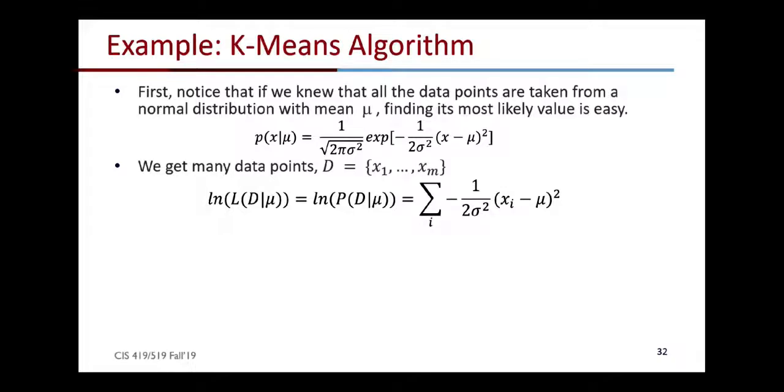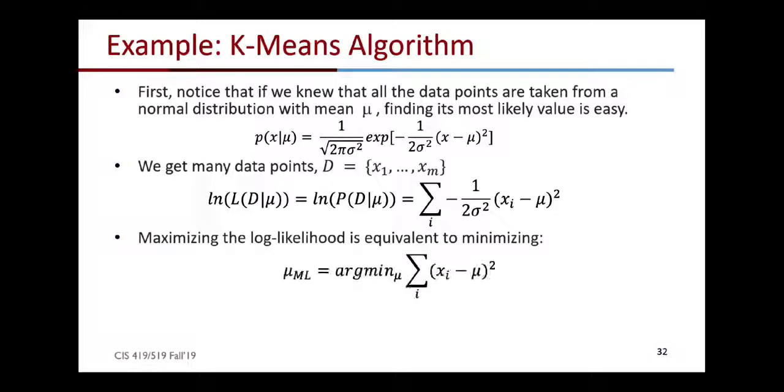I'm writing here ln, log with the natural base, because it's going to be easier, of the log likelihood of the data, given that the average is mu. We can compute it this way. We basically take just this part, and we can maximize this log likelihood, which is basically equivalent to minimizing this.